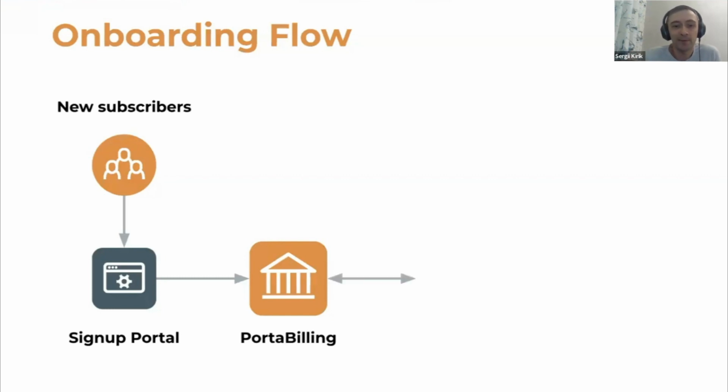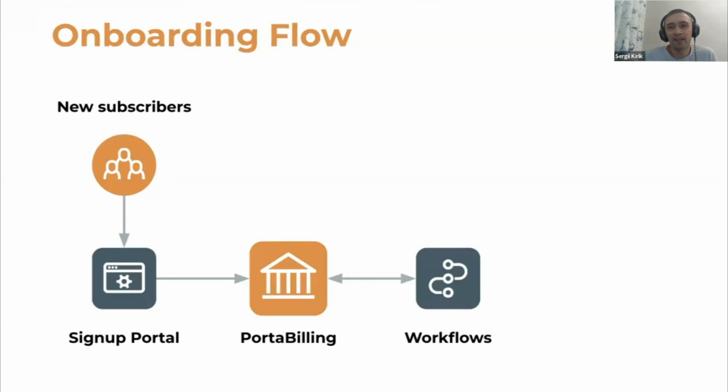That triggers a workflow in PortaOne workflows. Specifically, we want to find an available number, find an available eSIM, assign all those credentials with the plan, and create a service account for end users in the PortaBilling BSS, right?